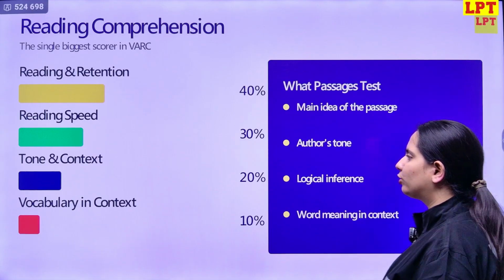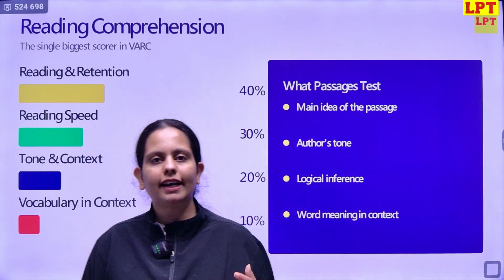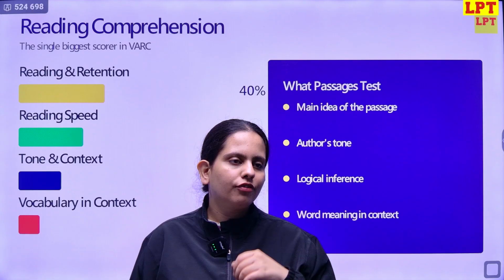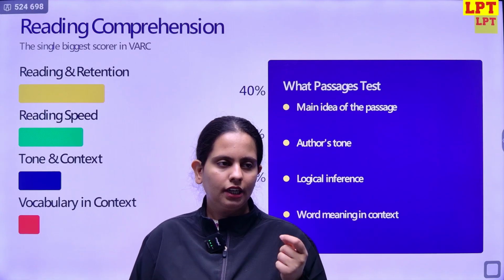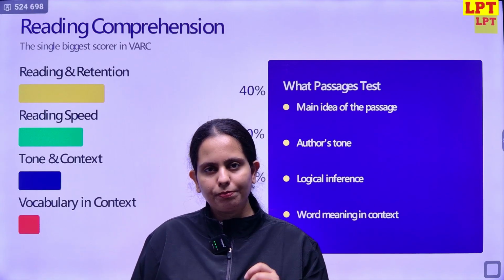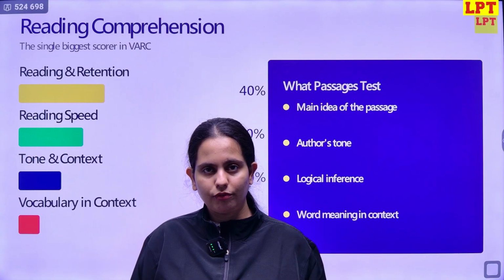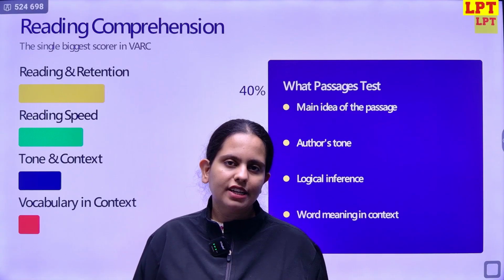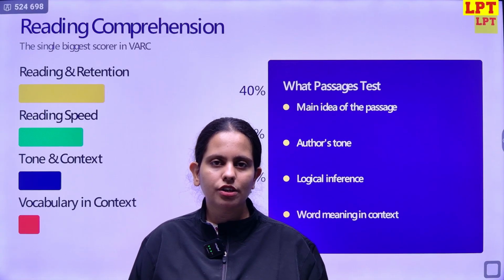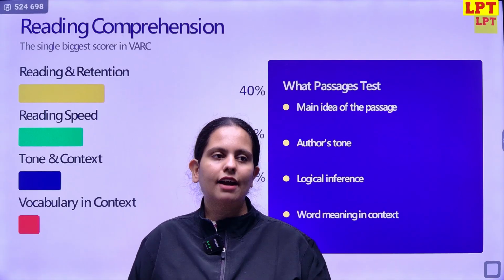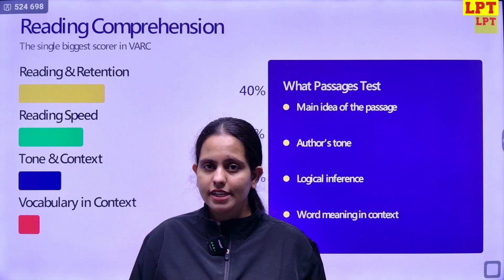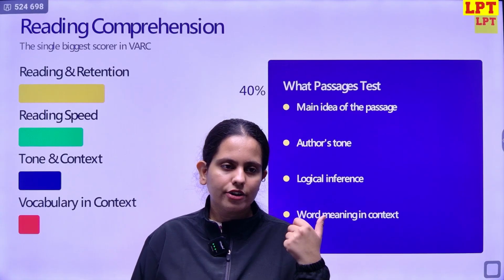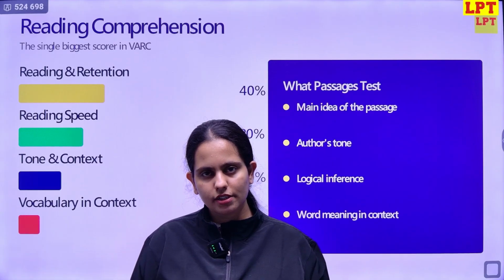These are indirect questions, and if you think that you will read the passage and then eventually come across the right answer, that won't be the case, especially for IPMAT Indore. The questions in reading comprehension would be inference based. That will require logical reasoning. It will require a lot of pondering, and only because of that would you be able to answer the questions.